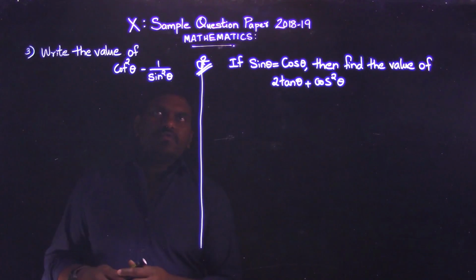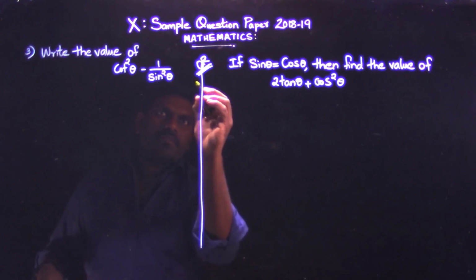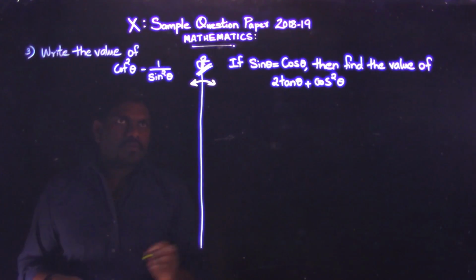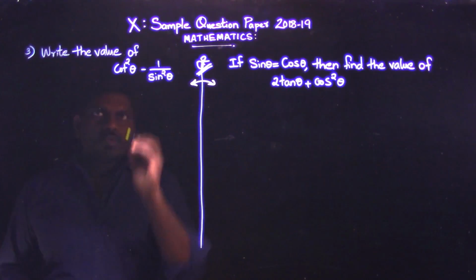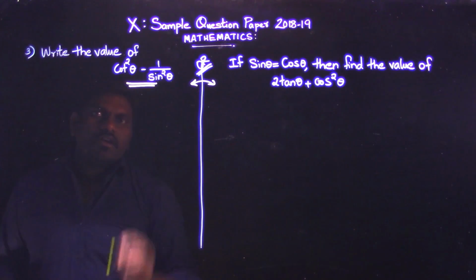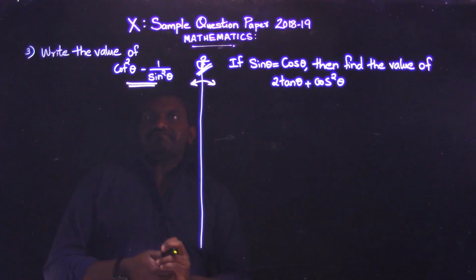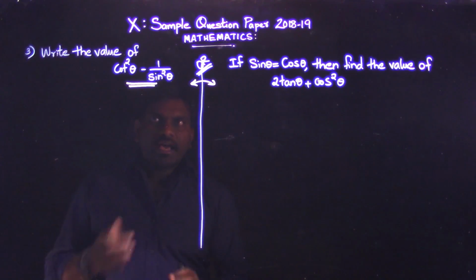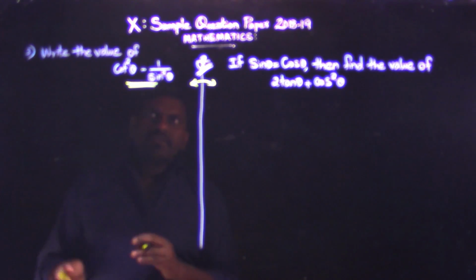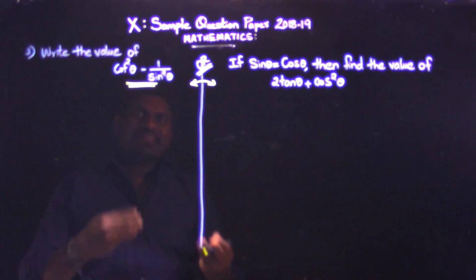Fine. So moving on to the third question, again two questions are there side by side, so you can solve any one in your model question paper. The first one is to find the value of something which is given here as cot square theta minus 1 by sine square theta. Whenever I see cot square theta, I have a habit of changing it to cos by sine.